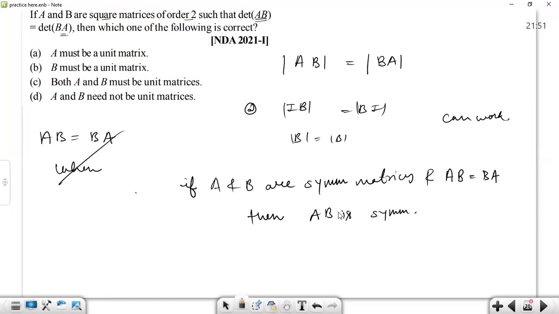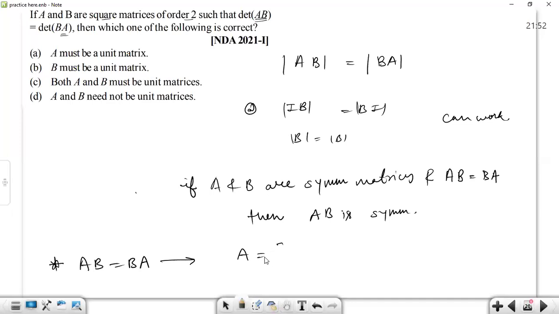So that's a property talking about the symmetricity of AB. What I was talking about was different, but my point is that AB equals BA is not always true, but sometimes it can be true. AB can be equal to BA. So let me tell you when it can be true.